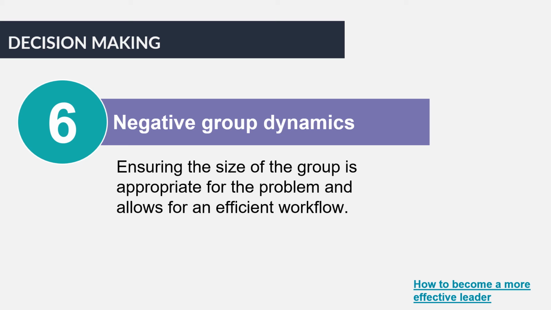What are the important groups that can be consulted, that can provide meaningful contributions towards the decision-making process? So ensuring the size of the group is appropriate to the problem and allows for an efficient workflow is always vital. As they always say, too much is poisonous.